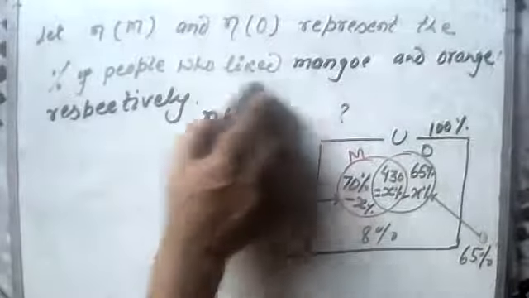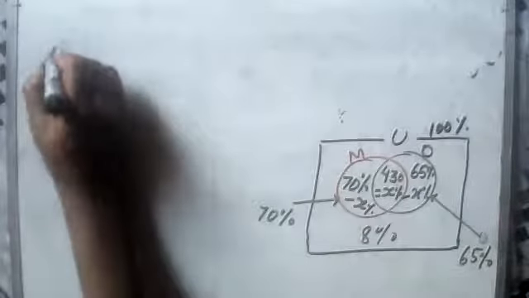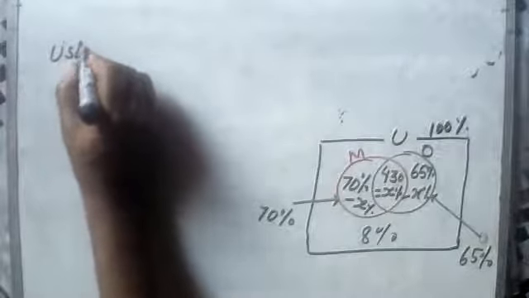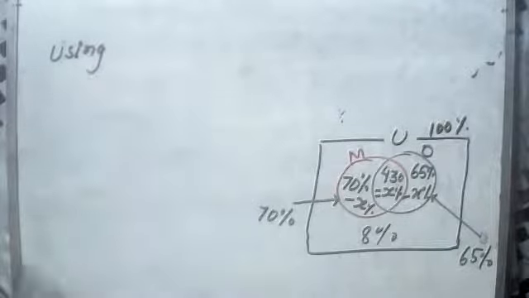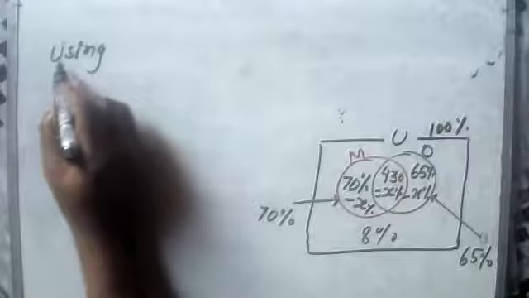After this, we can find this by using a formula also, but using a Venn diagram is quite easier.